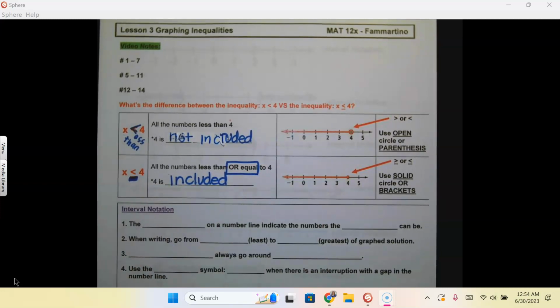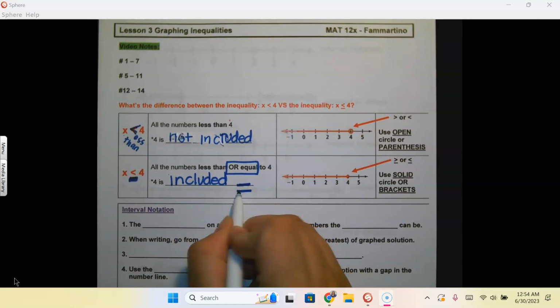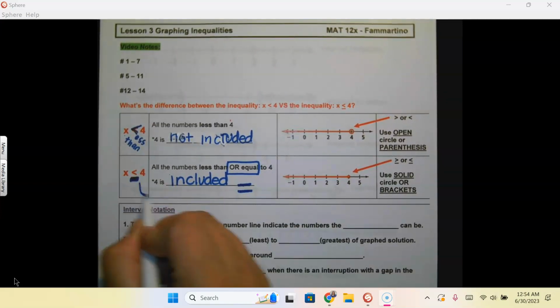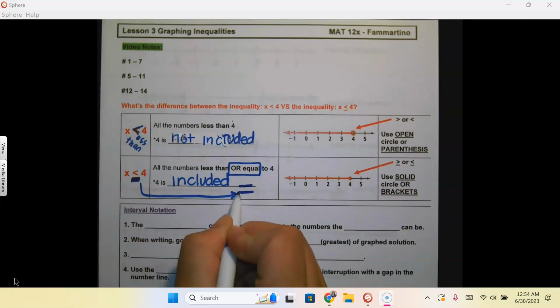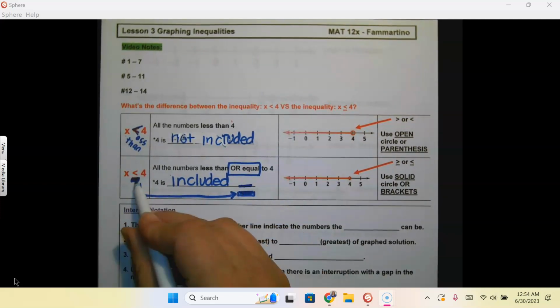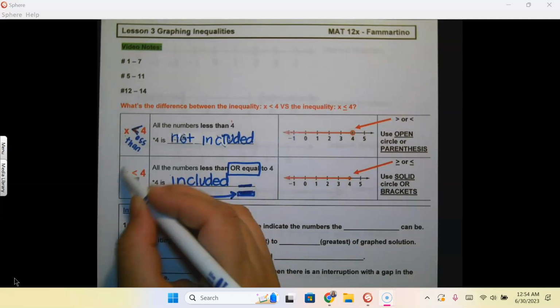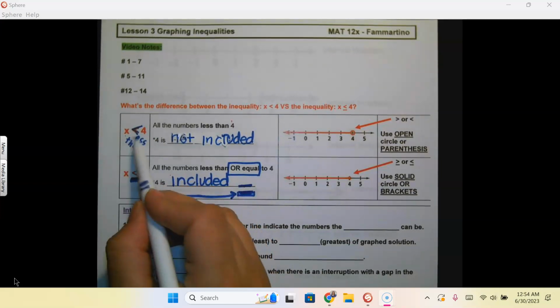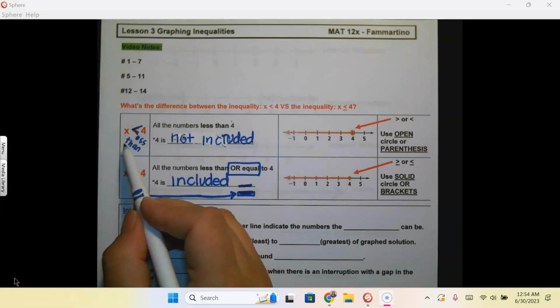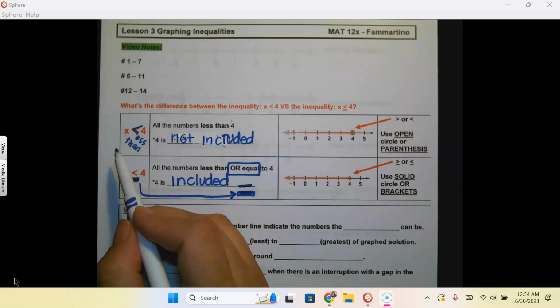Pause real quick and make sure you understand that when the line is there, I think of it like half of an equal sign. That's how I remember that whatever this number is could equal x. When it doesn't have the equal sign, it means no, only the numbers that are less than 4.